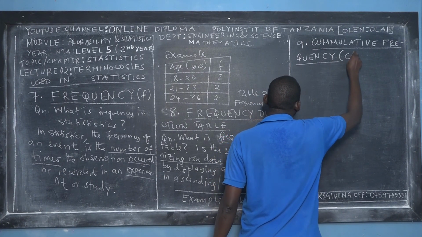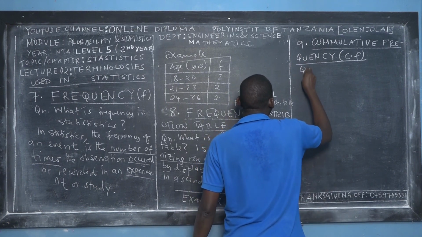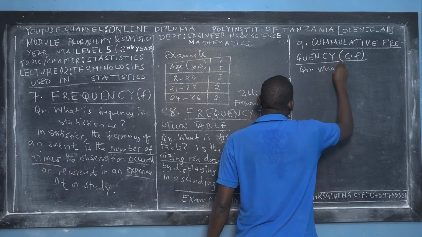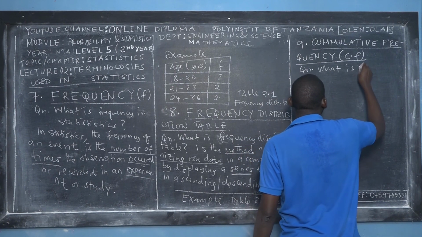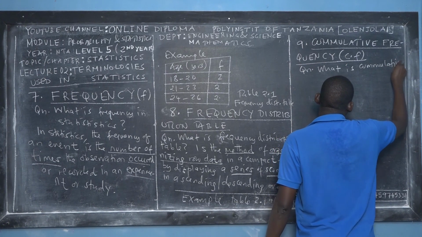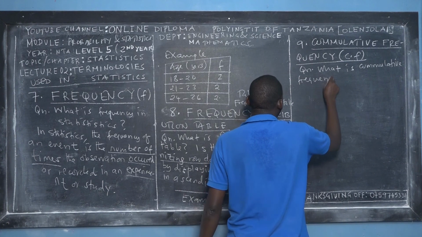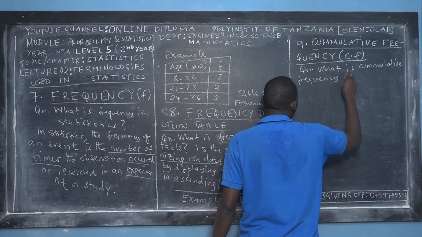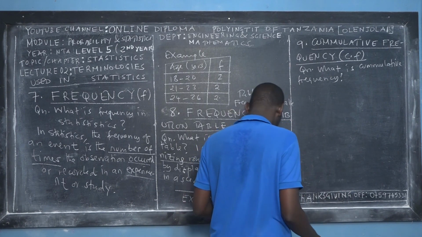In short, we can call it CF. The fundamental question that I was asking myself also as an engineering student: I know how to find the cumulative frequency of a particular problem, but what is cumulative frequency in statistics?